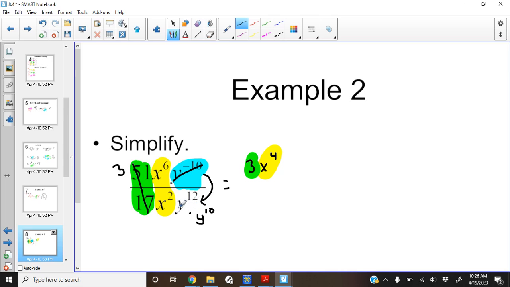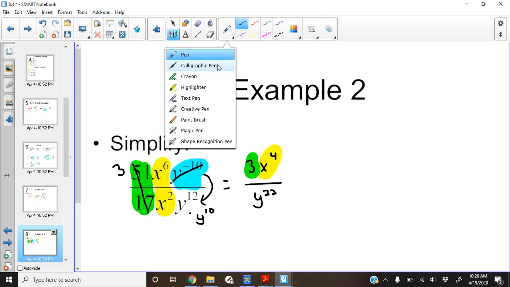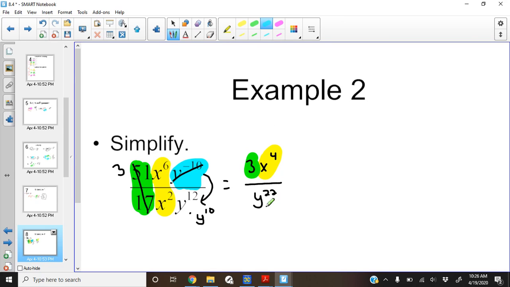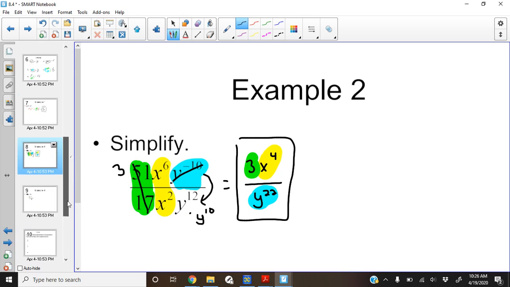Well, now we have y to the 12th times y to the 10th in the denominator. Multiplying, you keep your base and you add your exponents. So in that denominator, you now have y to the 22nd. And that's your final answer. But again, you still could have subtracted negative 10 minus 12 and gotten y to the negative 22 and then moved it downstairs. I just prefer to move things from the start.